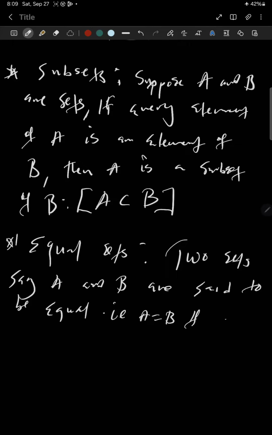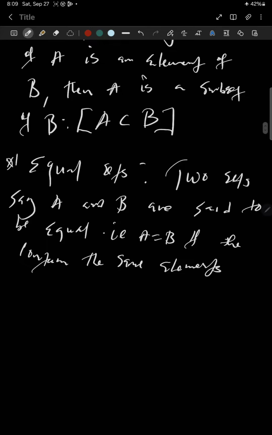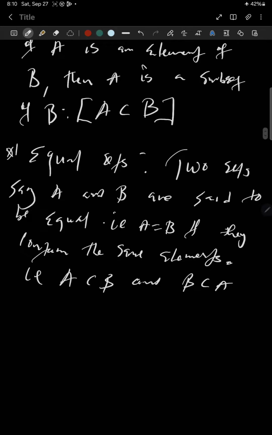if they contain the same elements. That is, A is a subset of B and B is a subset of A. I know my handwriting is a bit rough here, but you should listen to whatever I'm saying.